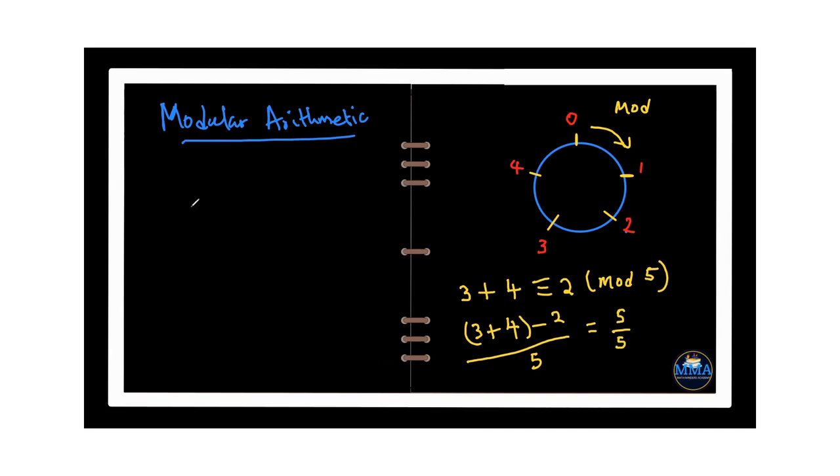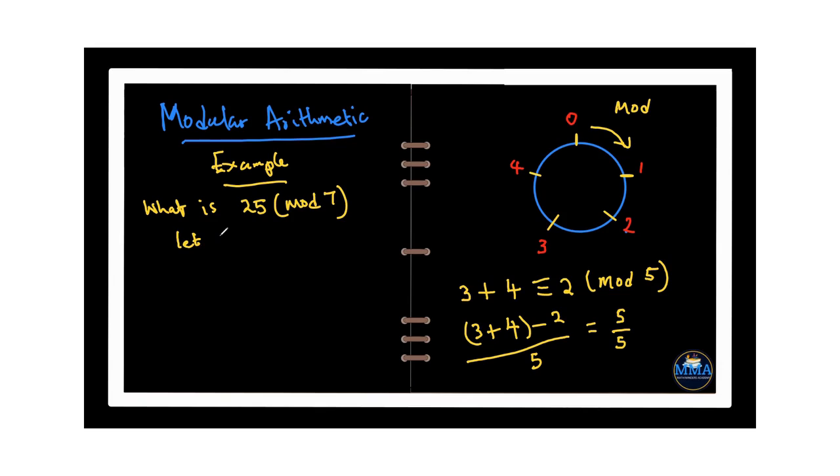So now let's take some examples. We may be asked, what is 25 in mode 7? What is 25 in mode 7? Of course, there are different ways.